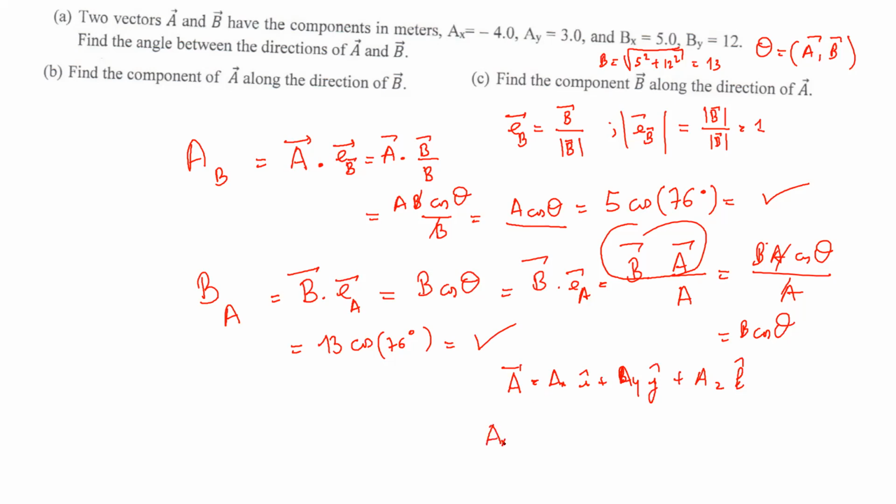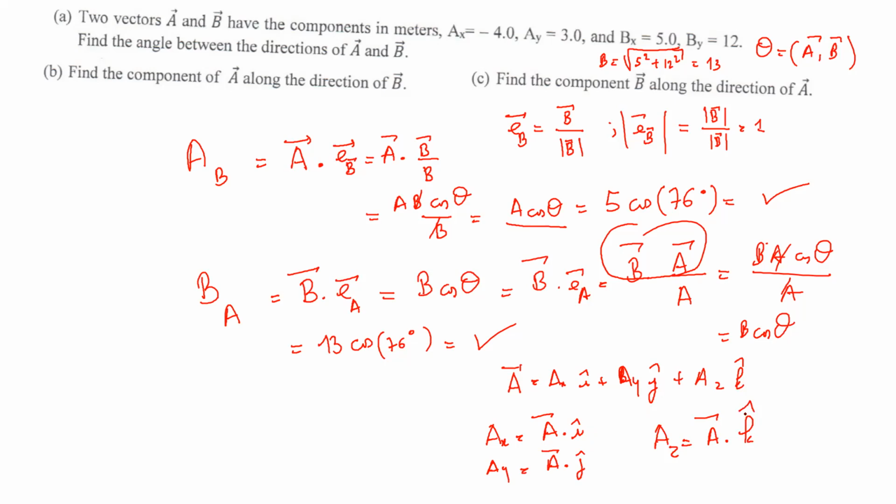In reality, AX is just A dot the unit vector along X. And AY is A dot the unit vector along positive Y. And AZ, the component of the vector along the Z direction, is the dot product between the vector A and the unit vector along the Z direction.